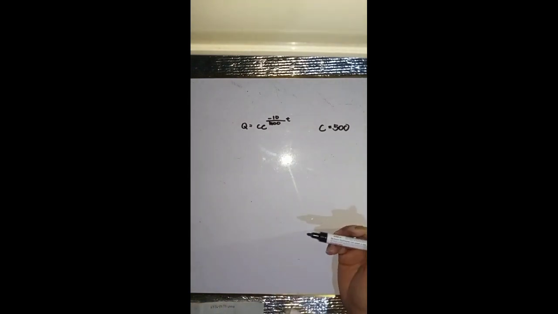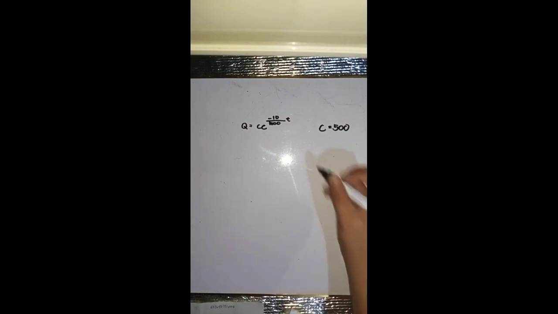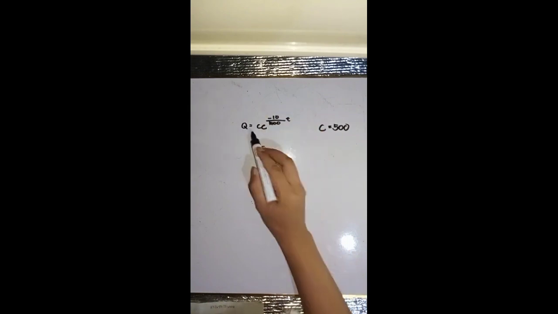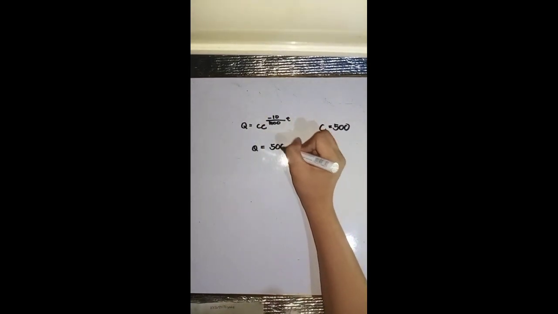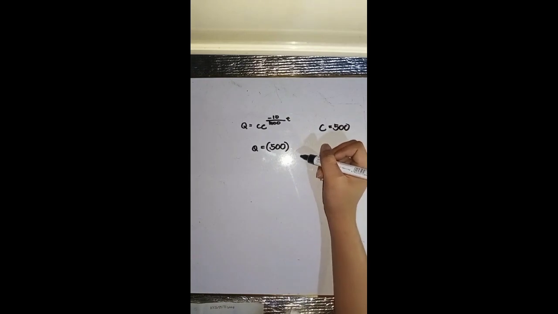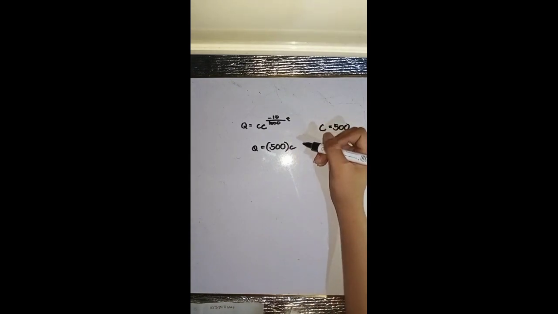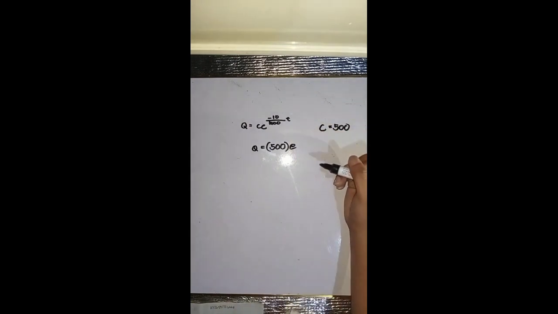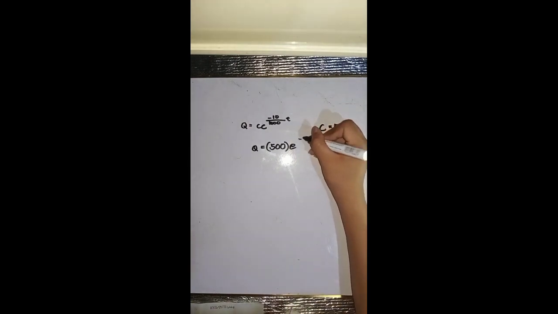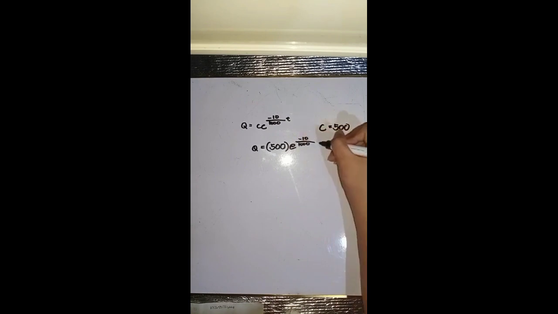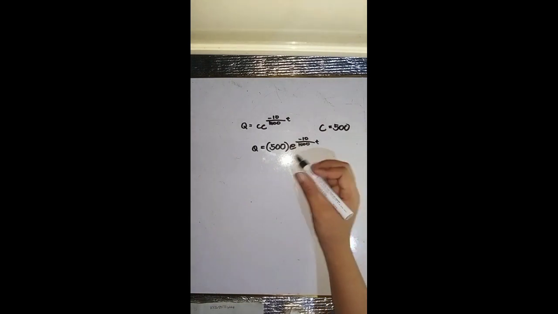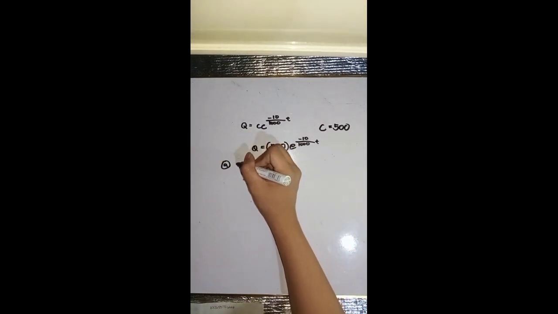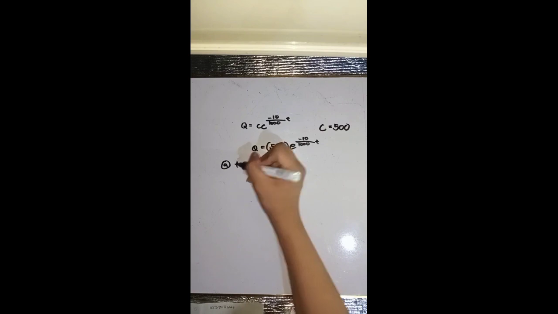Now that we have the value of C, which is 500, we can substitute it into our equation, Q equals C e raised to the negative 10 over 1000 T. So Q equals 500 e raised to the power of negative 10 over 1000 T. Now that we have the whole equation, we can solve for the amount of time it will take for the salt remaining in the tank to weigh 50 pounds.